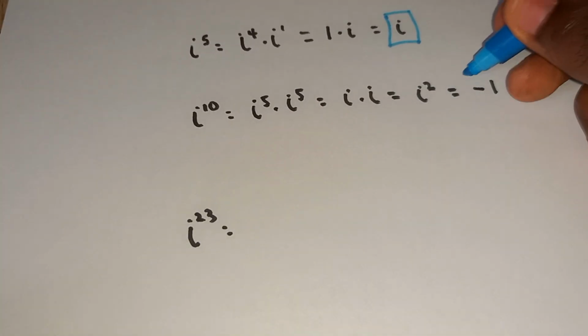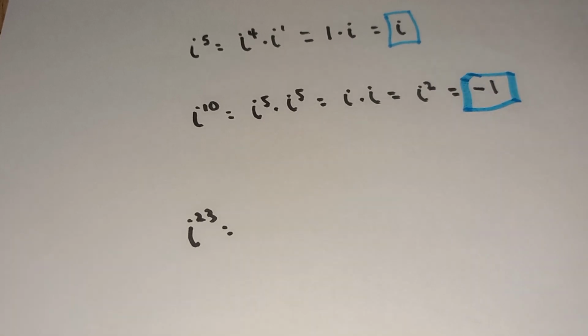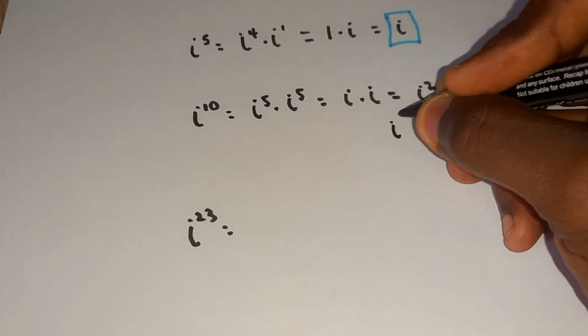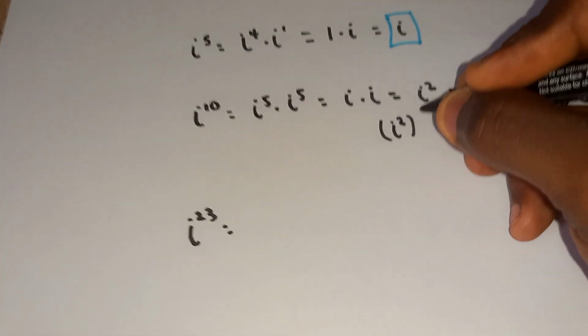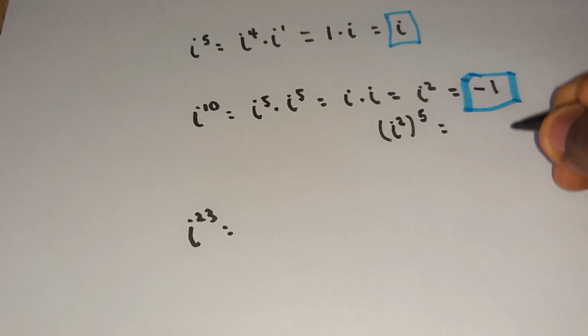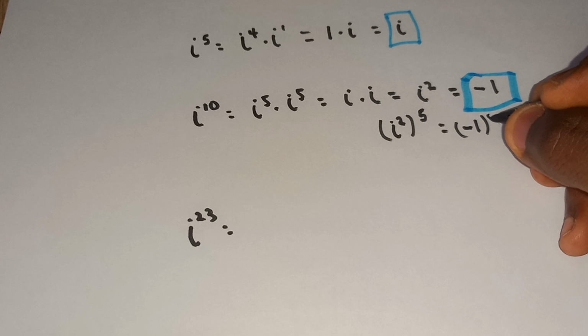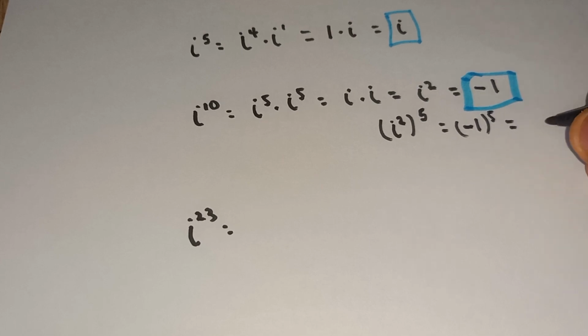And we highlight this. And one can solve this by saying i squared, times 5. This is the same as -1 raised to the power 5. By punching it on the calculator, we have -1.